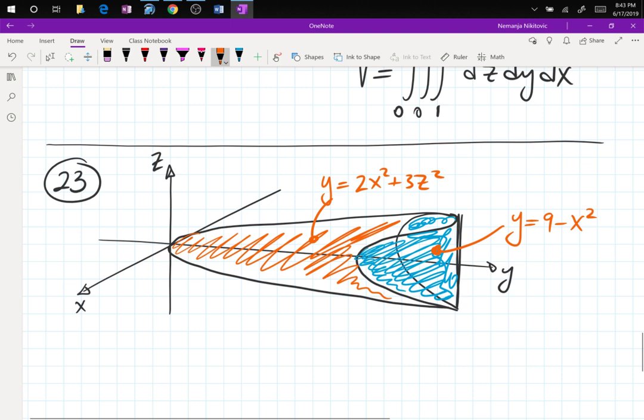Even though it's colored blue, both of these equations are y equals. So I know, because of these two equations, that y cannot be at the end. Y has to be inside. So I want to think that we are going to use maybe dy, dz, dx, or something like that.